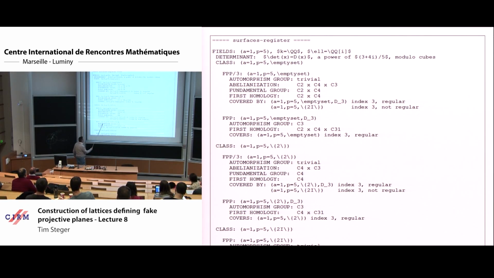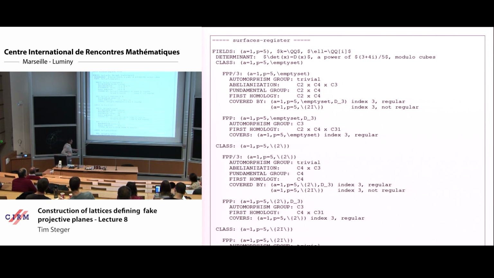This is FPP. This entry in the table is a fake plane. We have a symbol that represents it, which has a certain number of items in a certain order, and I want to explain to you what those are.